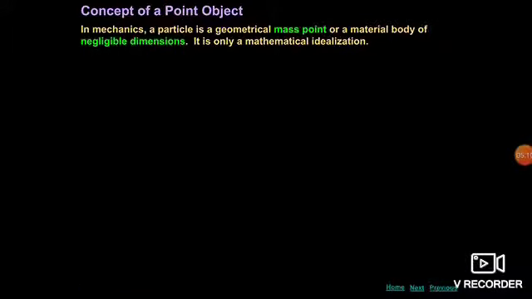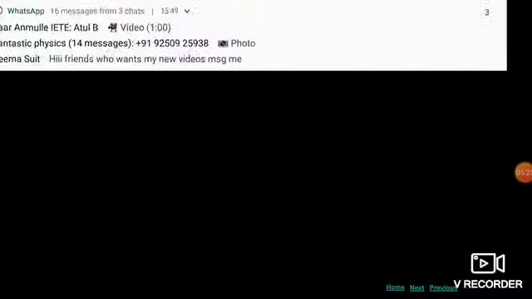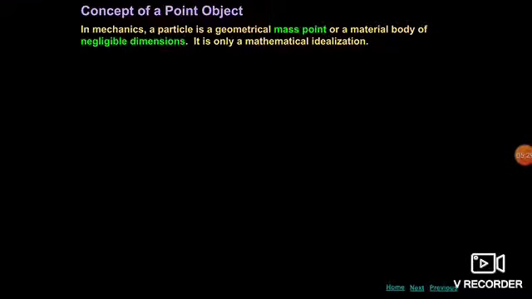Concept of a point object. We have to study the point object in a very proper way. In mechanics, a particle is a geometrical mass point or a material body of negligible dimensions. It is only a mathematical idealization. It means any type of mass point is very negligible.